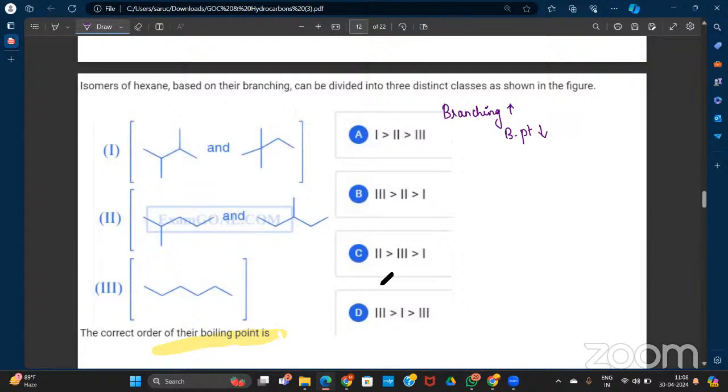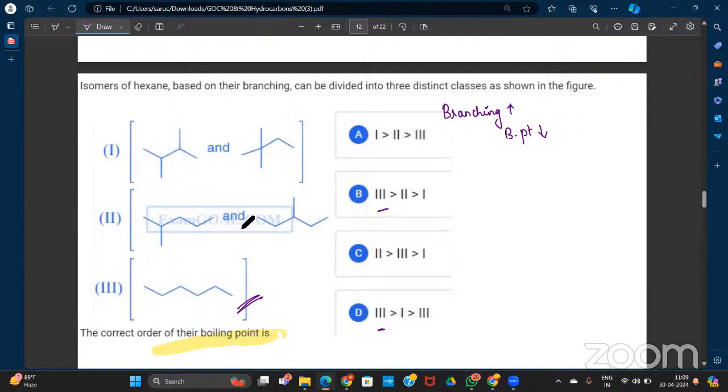Here I have no branching at all, so 3 will have the highest boiling point. So look at options B and D. When you compare 1 and 2, where the branching is less, the boiling point will be more.